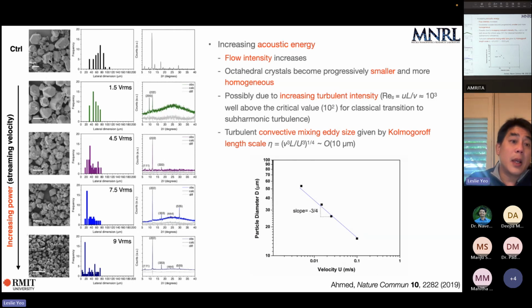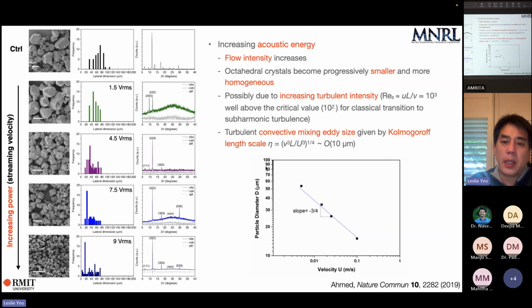The MOF crystals that you get become more and more uniform in size and distribution, right? And they become smaller in crystallite size as well. Okay, and we think it's because of the turbulence that we generate, these turbulent convections that create little mixing eddies that set the length scale for the crystals.